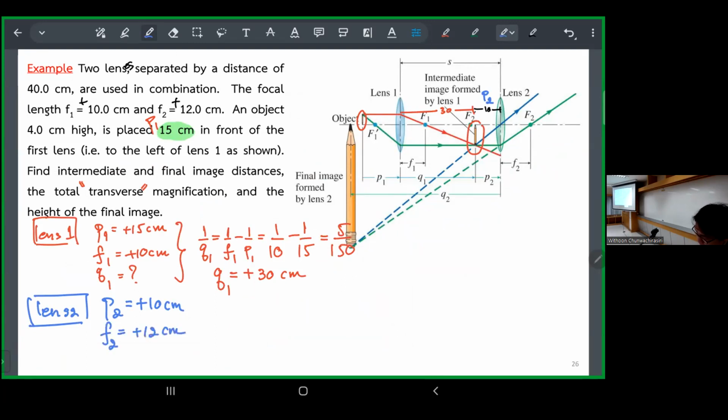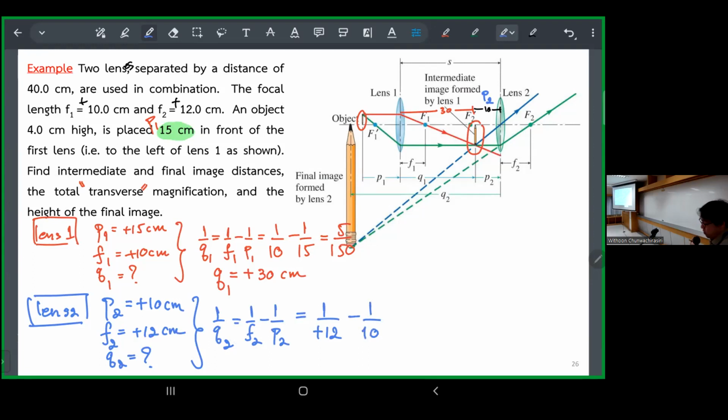It's still a converging lens and it's given to be 12. You want to figure out your Q2. All right, let's do it again. 1 over Q2 equals 1 over F2 minus 1 over P2. Plug in the numbers. It's going to be 1 over 12, subtracting out 1 over 10 right there.